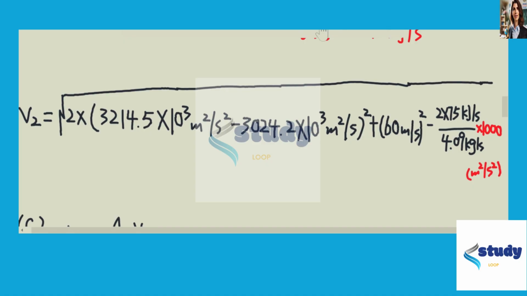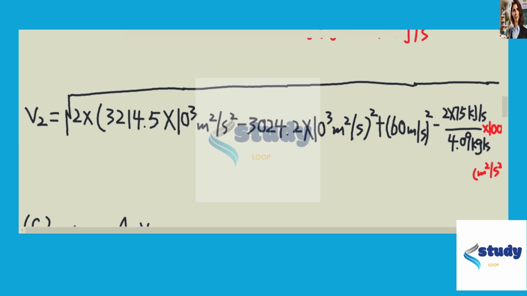So this will give us the exit velocity is about 589.5 meter per second.